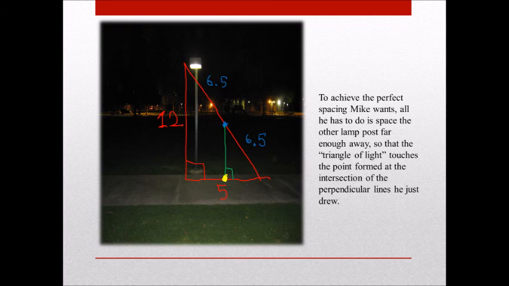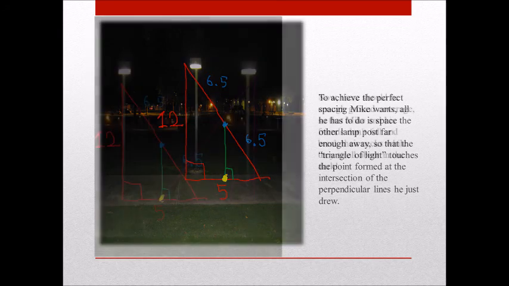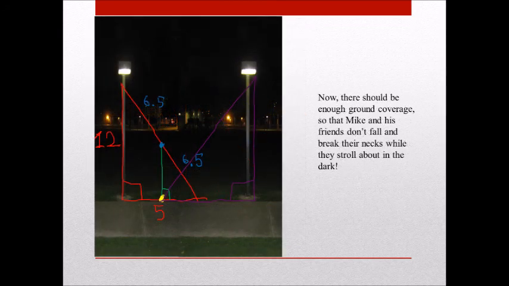To achieve the perfect spacing Mike wants, all he has to do is space the other lampposts far away enough so that the triangles of light touch the point formed at the intersection of the perpendicular line he just drew. Now, there should be enough ground coverage so that Mike and his friends don't fall and break their necks while they stroll about in the dark.